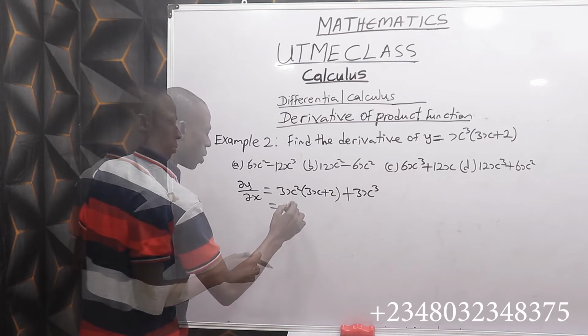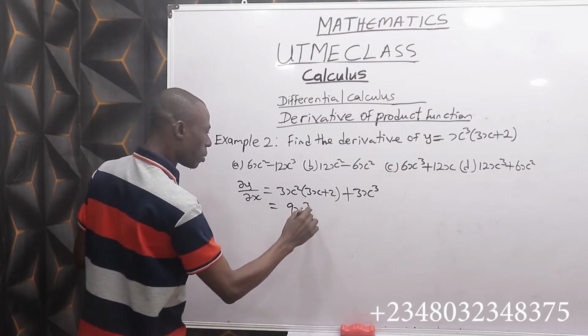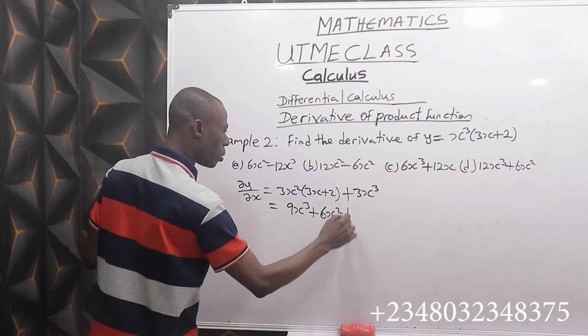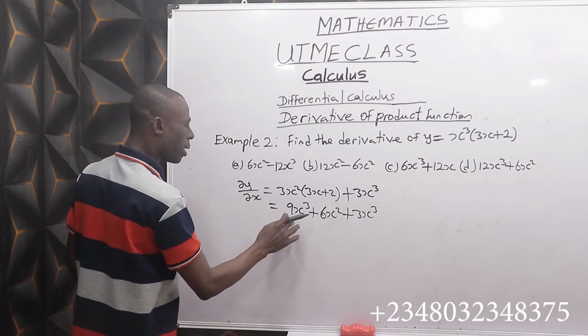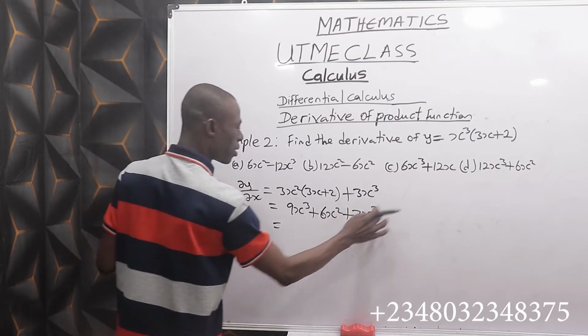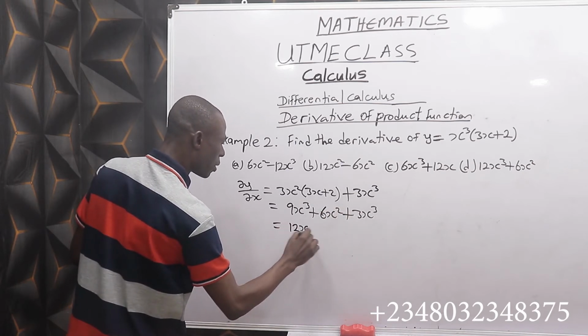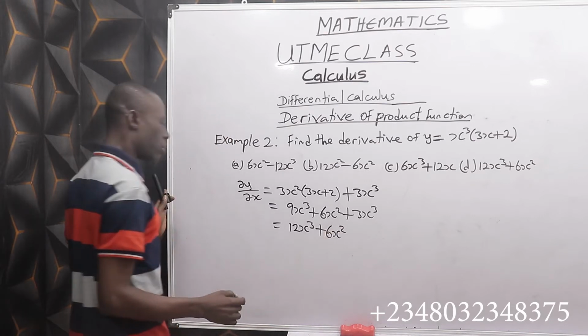In this case, when you open the bracket, you have 9x raised to the power 3 plus 6x raised to the power 2 plus 3x raised to the power 3. 9x raised to the power 3 plus 3x raised to the power 3, they are like terms. That gives 12x raised to the power 3 plus 6x raised to the power 2.